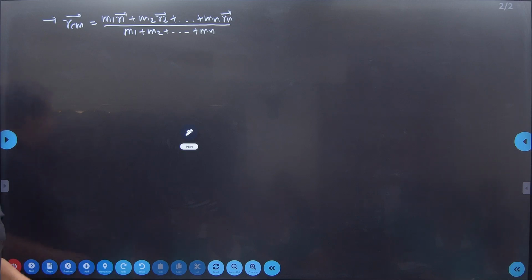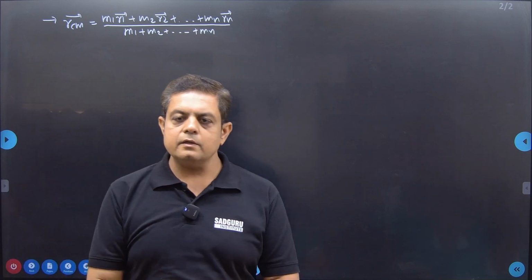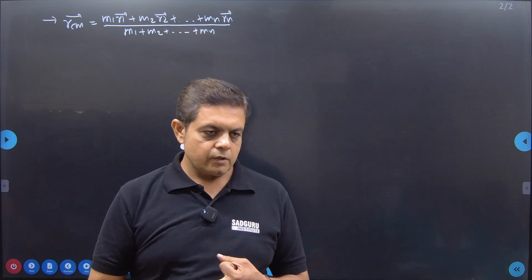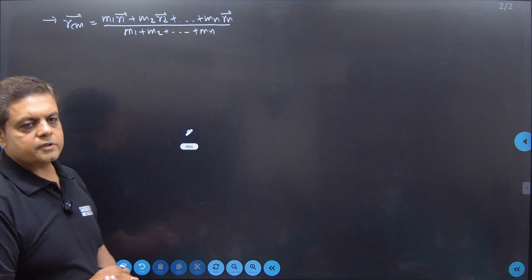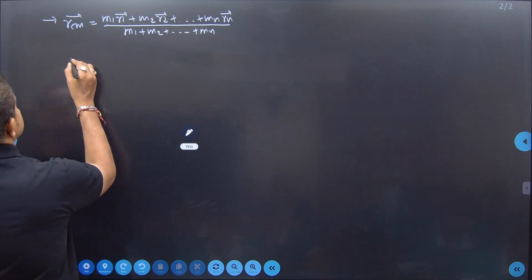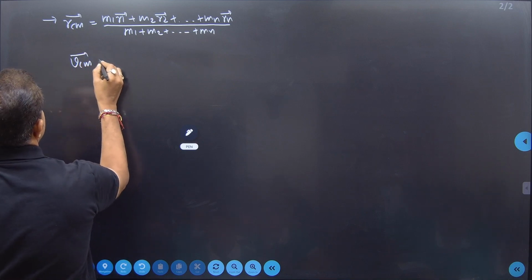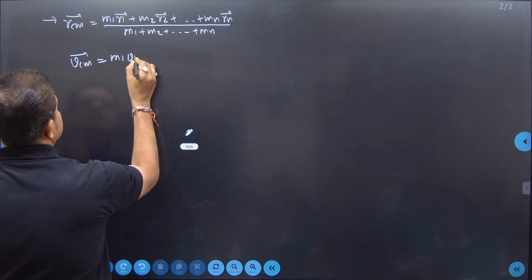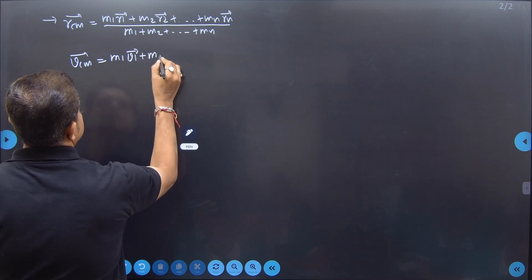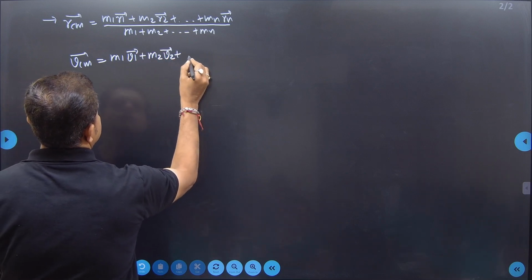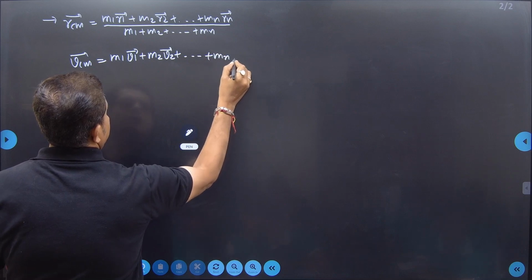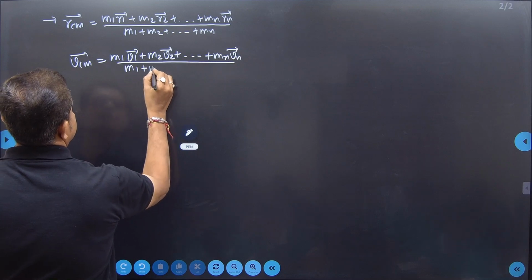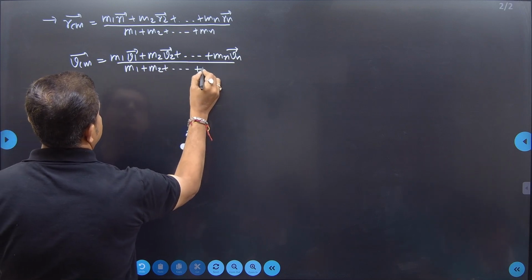Similarly, for a given system of particles, suppose I am given the velocity of particle 1, velocity of particle 2, and so on. Then I can find the velocity of the center of mass. You have to replace r by v: m1 v1 + m2 v2 and so on up to mn vn, upon m1 + m2 and so on.